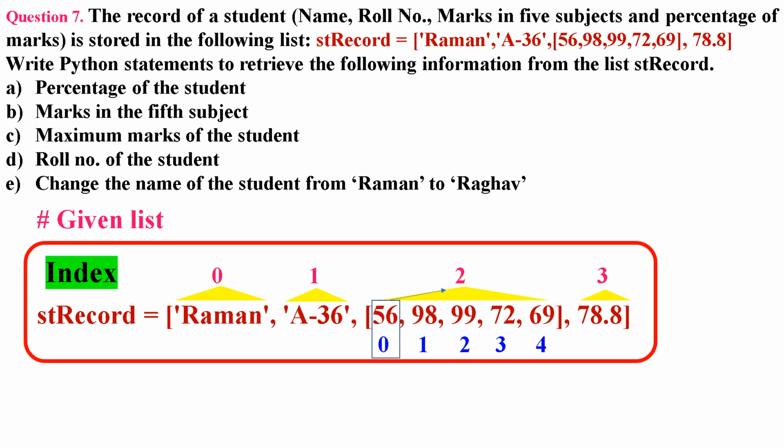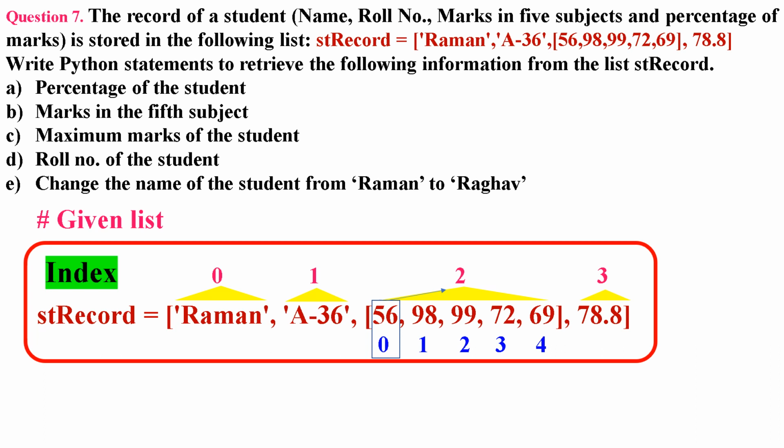Now, look at the given list. You can use indexing and slicing to retrieve and manipulate the information in the list STRecord. Look how indexing is done here. Index 0 holds the string Raman, Index 1 holds the string A-36, Index 2 holds the nested list containing elements 56, 98, 99, 72, 69, and Index 3 holds the value 78.8.